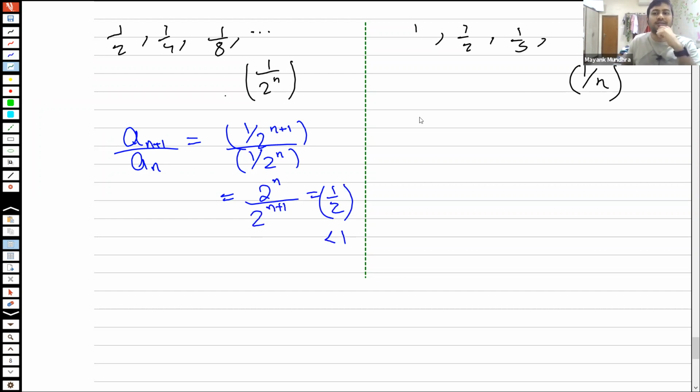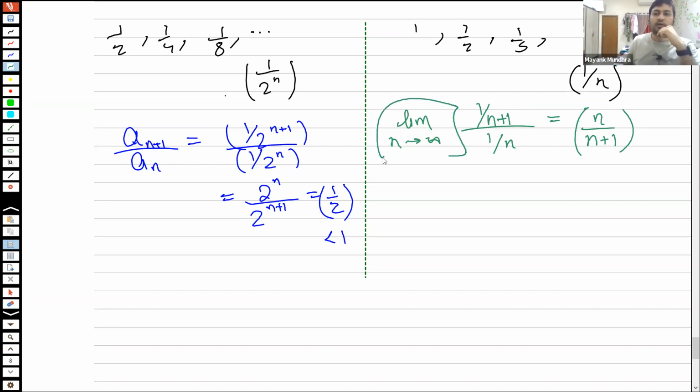Whereas when I look at this other thing, this is going to be the limit as n tends to infinity of a(n+1), which is 1 by n+1, upon 1 by n. So that is going to be equal to n upon n+1. Now I know I've not done limits, but if you can remember, what is the limit as n tends to infinity of n upon n+1?